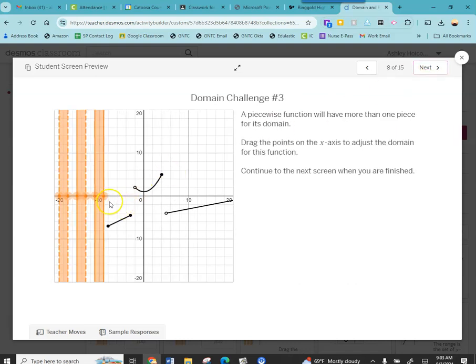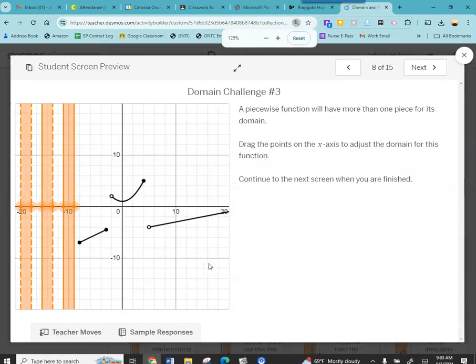So for instance, looking right here, how many sections of the graph is there? There's 3. How many shaded sections then will I have? 3. What does a closed circle mean? Equal to? What's an open circle mean? Yeah, or you could just say not equal to, right?